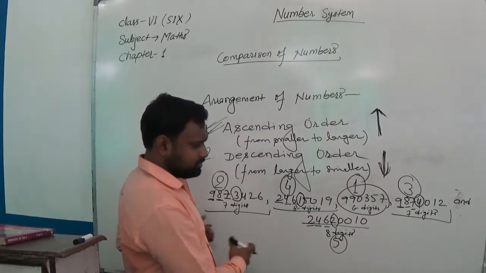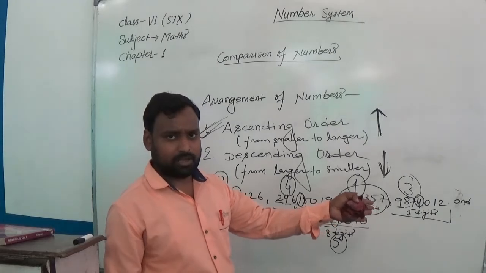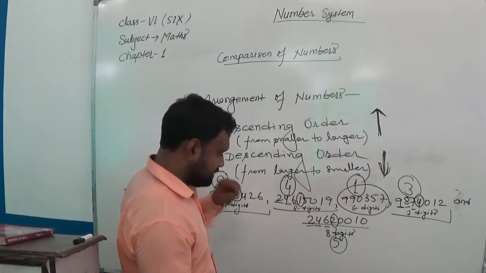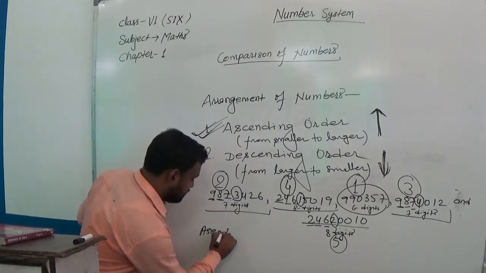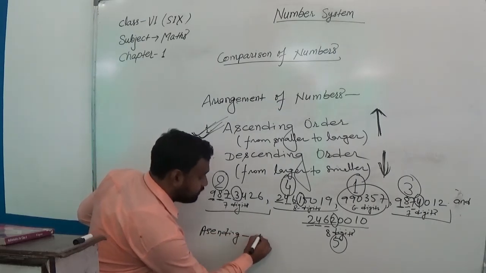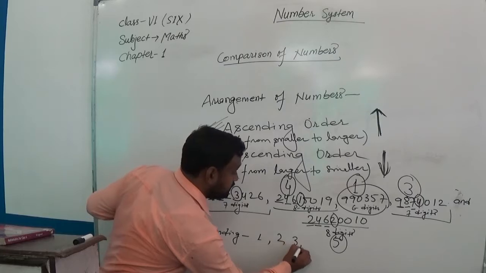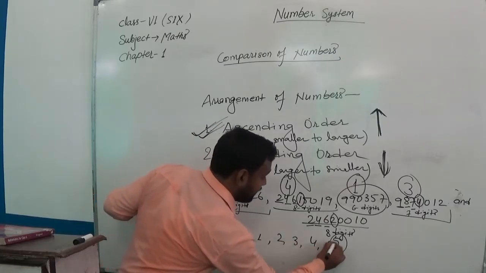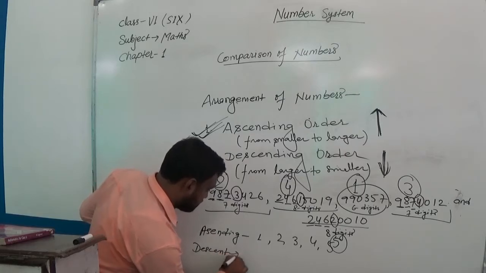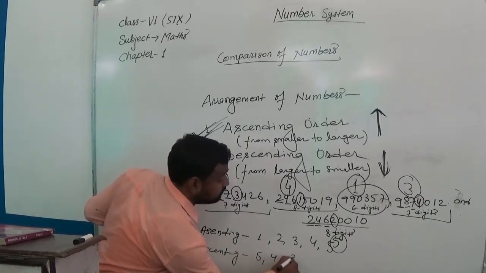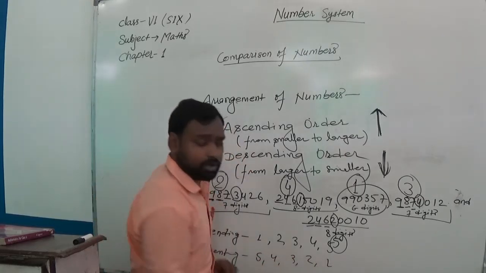Okay, and now just arrange this. For ascending order we arrange 1, 2, 3, 4, 5, and for descending 5, 4, 3, 2, 1.